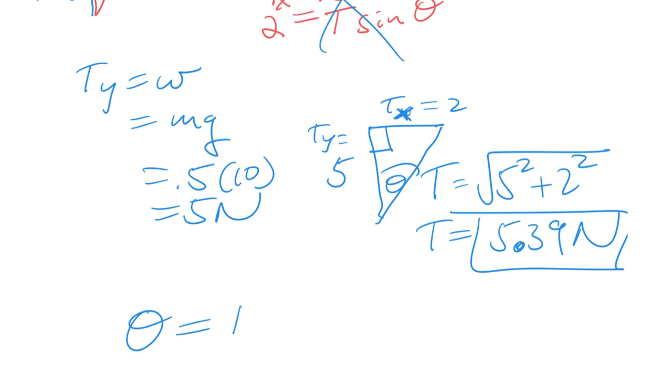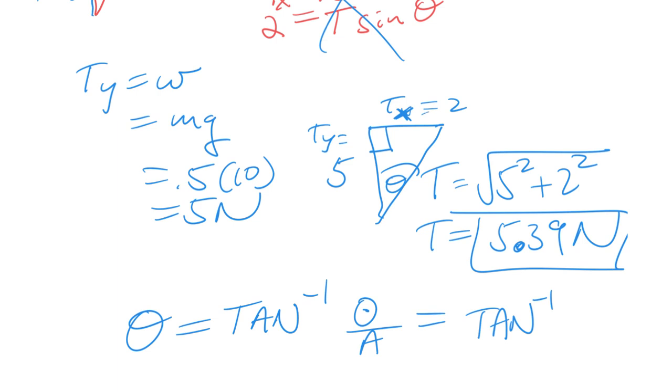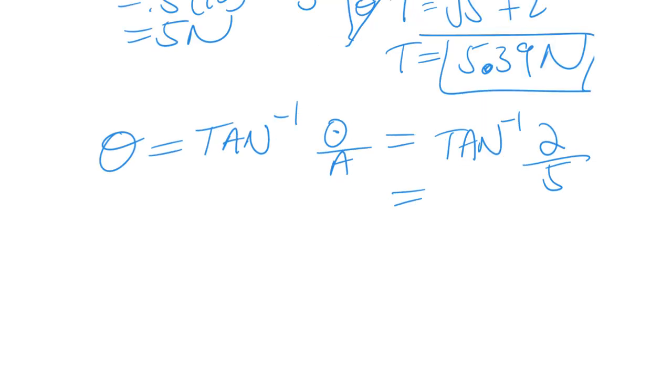So this is the inverse tangent of the opposite, which is Tx, opposite over the adjacent. So this would be inverse tangent. Tx happens to be the opposite, not Ty. 2 over 5. And I get 21.8 degrees.